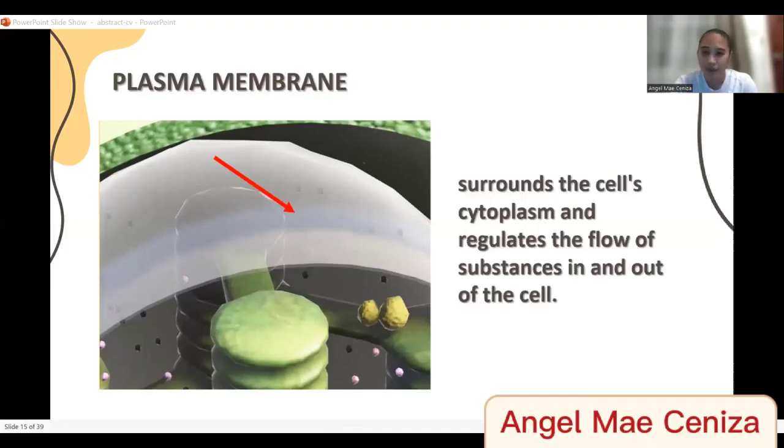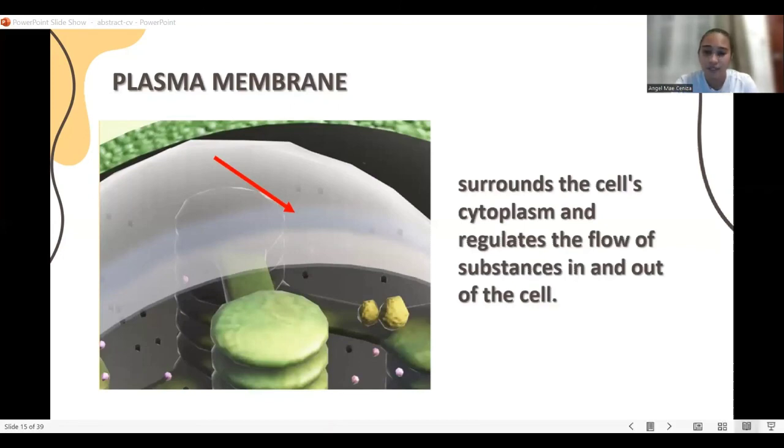So, the plasma membrane. The plasma membrane surrounds the cell's cytoplasm and regulates the flow of substances in and out of the cell. Both eukaryotic and prokaryotic cells have a plasma membrane or cell membrane.